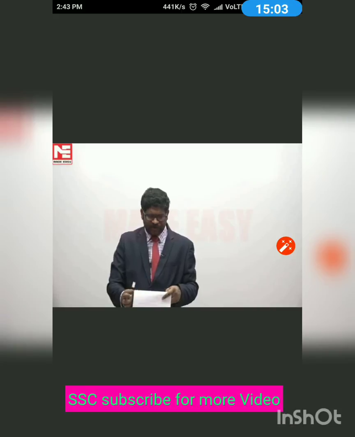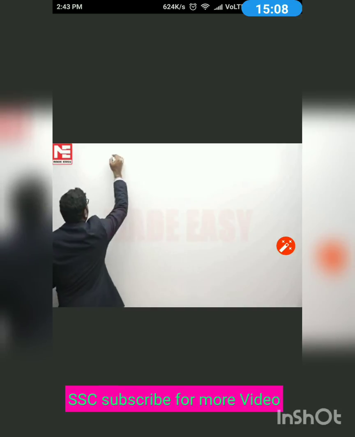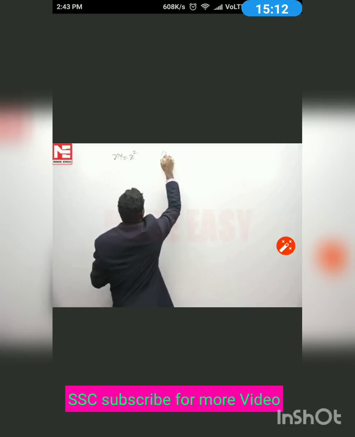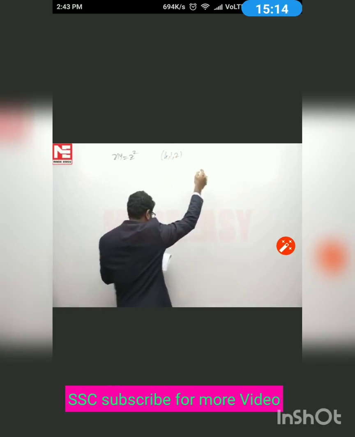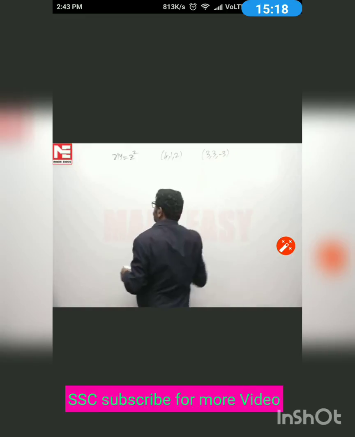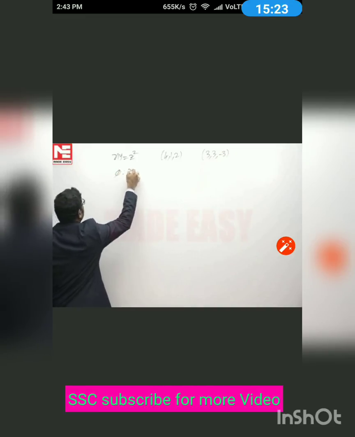In this problem, we have to find out angle between normals to the surface xy equal to z square at the point (4, 1, 2) and the point (3, 3, -3). Now, phi is xy minus z square.